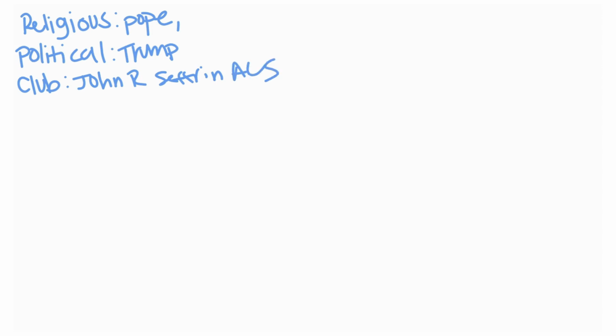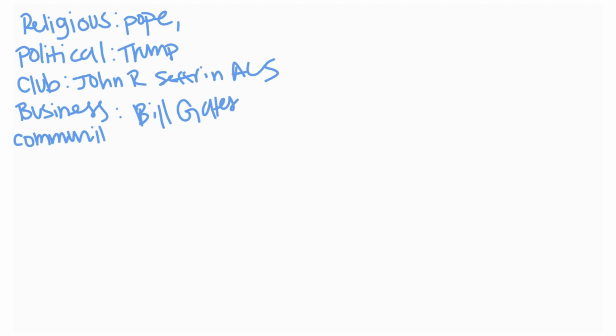And then there could be business leaders, right? Leaders like Bill Gates or Mark Zuckerberg. And then there are community leaders, and these are your town mayors or your school board members. So we can write town mayor.